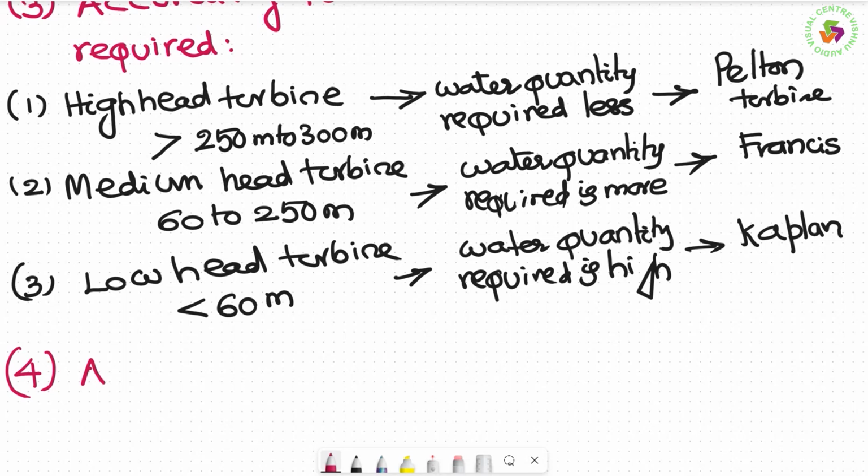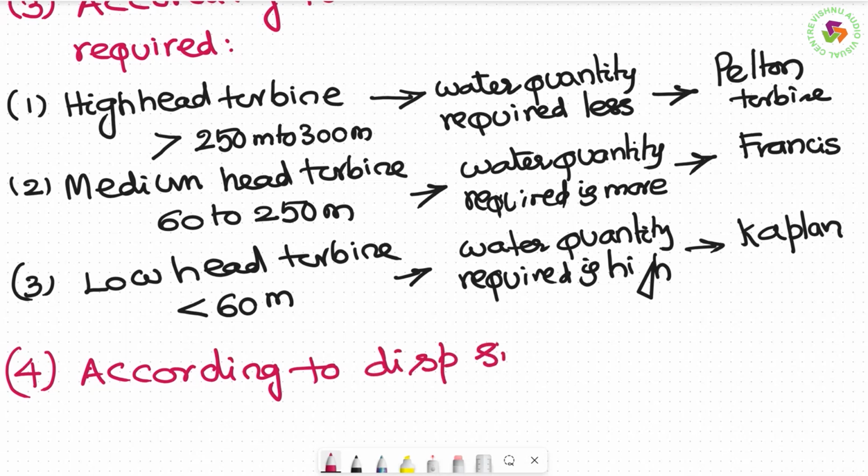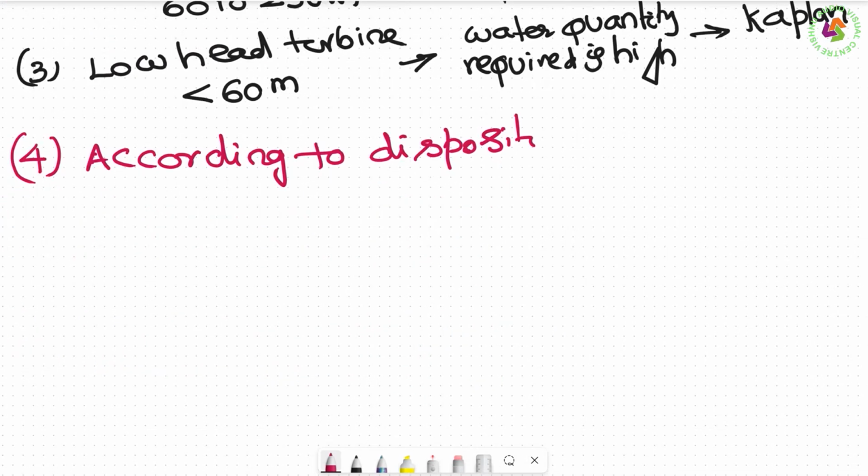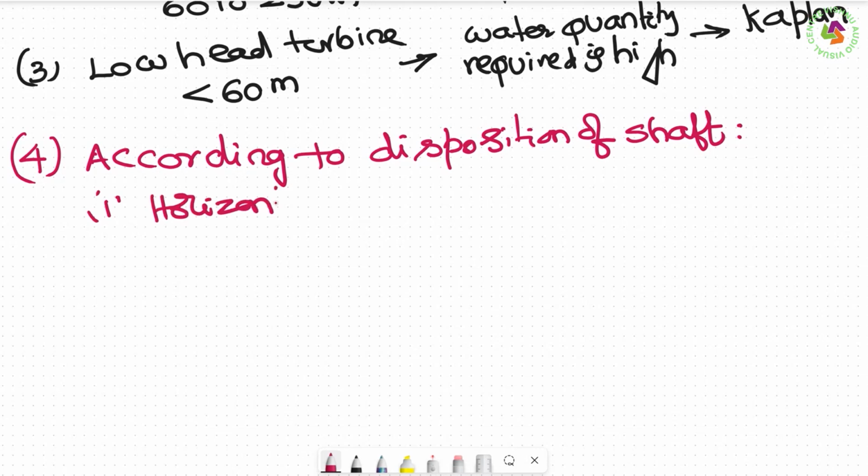Next classification, according to disposition of shaft. Either you can keep this as horizontal, or vertical.